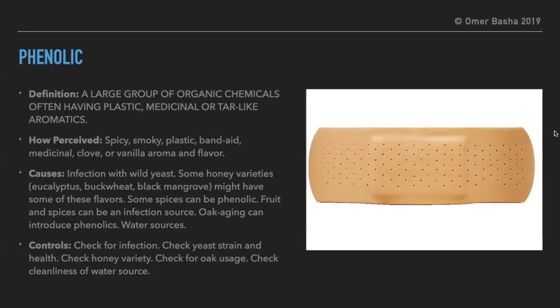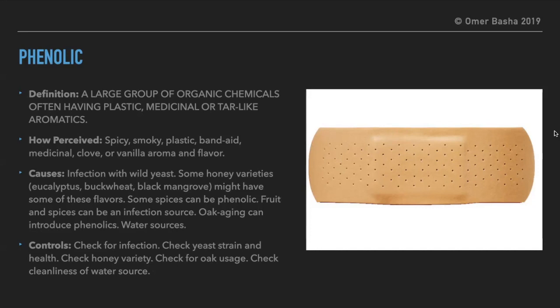Some honey varieties, especially eucalyptus and buckwheat and black mangrove, might have some of these flavors. Some spices can be phenolic, and fruit and spice can also add an infection source that can cause phenolic flavors.